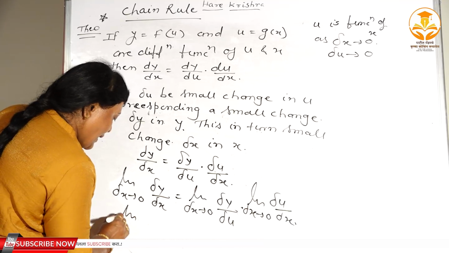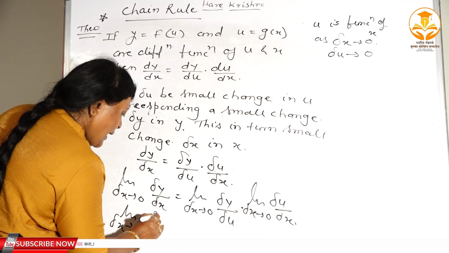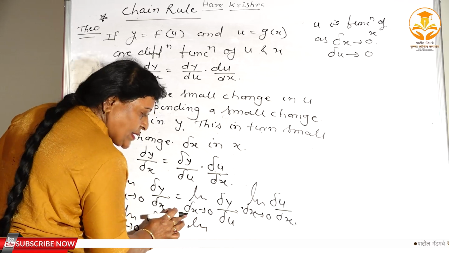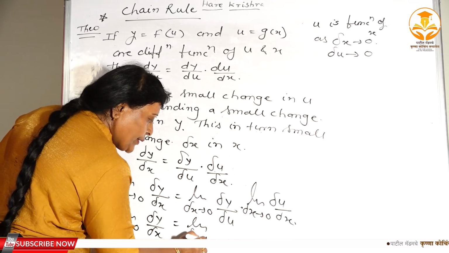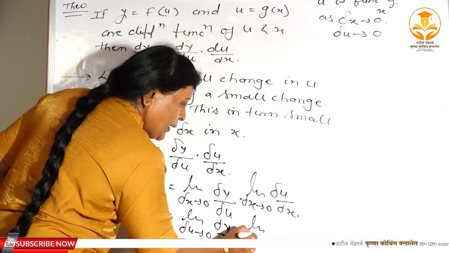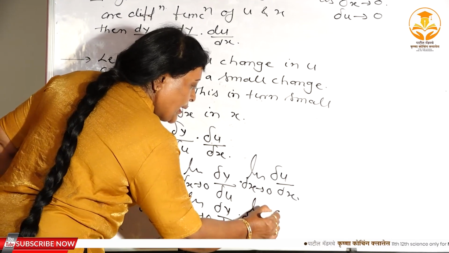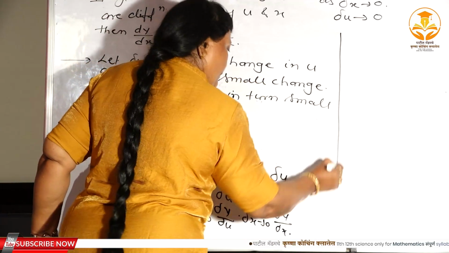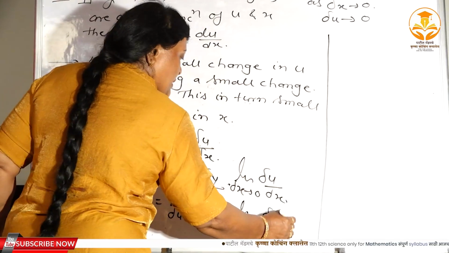limit del x tends to 0, del y divided by del x. Here, instead of del x you can write del u tends to 0, del y divided by del u, into limit del x tends to 0, del u divided by del x. Right? This is equation 1.